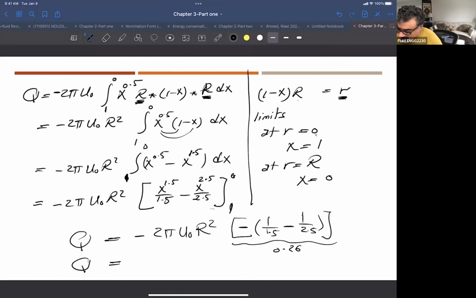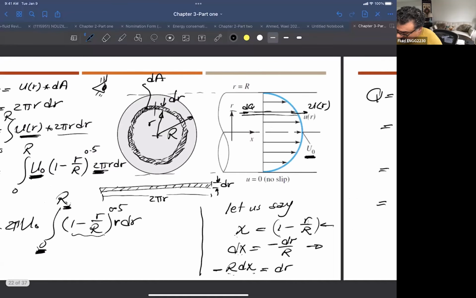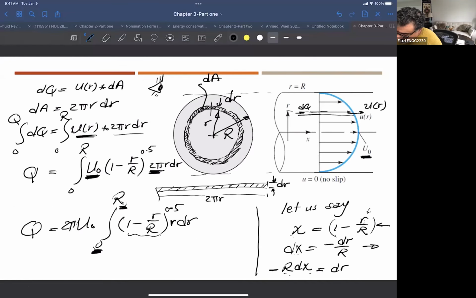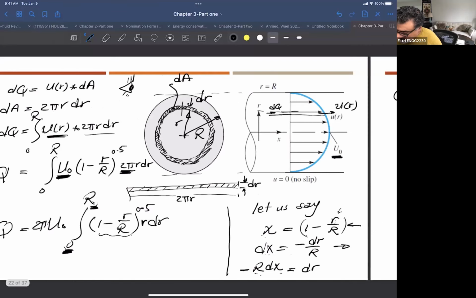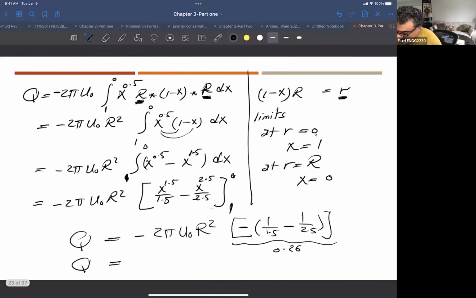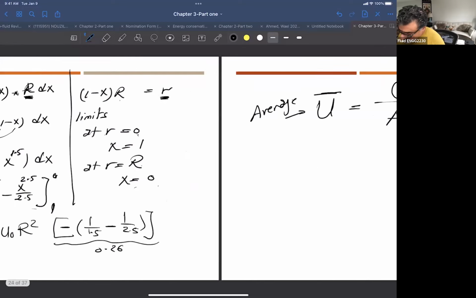When R is equal 0, X is equal 1. When R is equal R capital, X is equal 0. So the limit changes when we change the equation. I can talk to you after this lecture, but this is just a simple little math thing, okay?